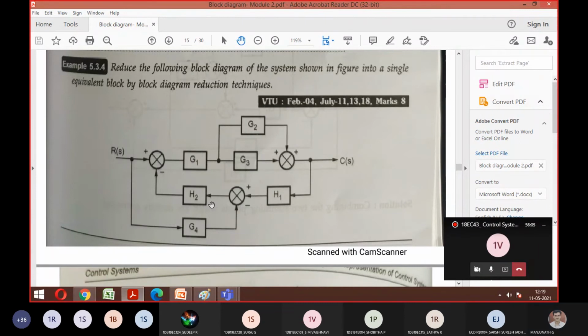Can anyone tell me how to split this? H1 minus G4. H1, no. After splitting, how does it look? Minus, you tell me. Okay, let me take this in Paint and explain.